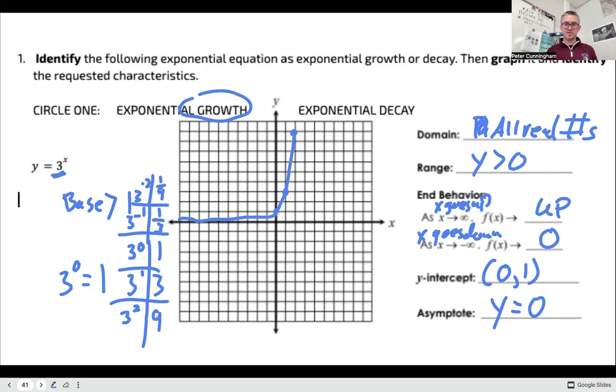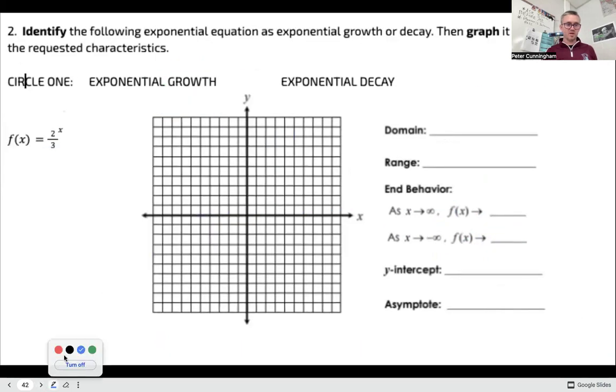And most of that stuff is the same, even when we're talking about, I'll even change colors for decay. How do I know this is decay? Because 2/3 is between 1 and 0, right?